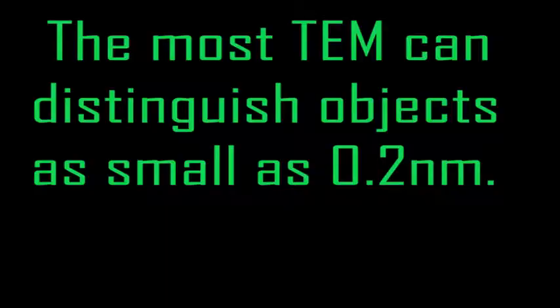The most powerful transmission electron microscope can distinguish objects as small as 0.2 nanometer.